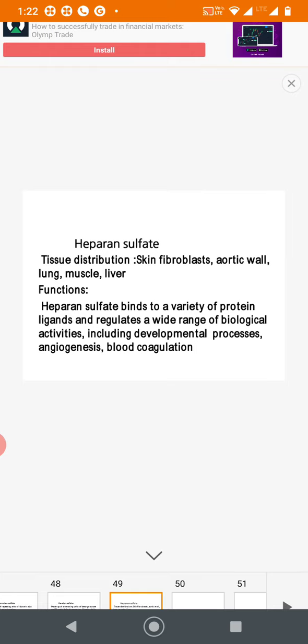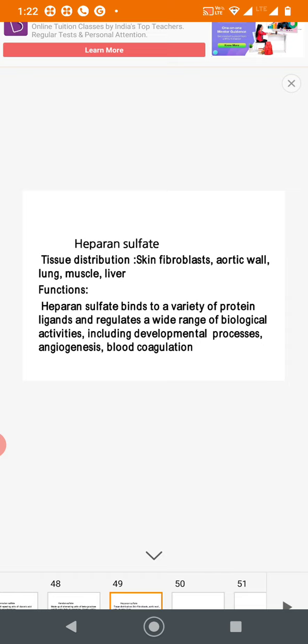Ligands are small chemical molecules, and they regulate a wide range of biological activities. For example, developmental processes like blood coagulation. Blood coagulation, clotting, is required to prevent bleeding.